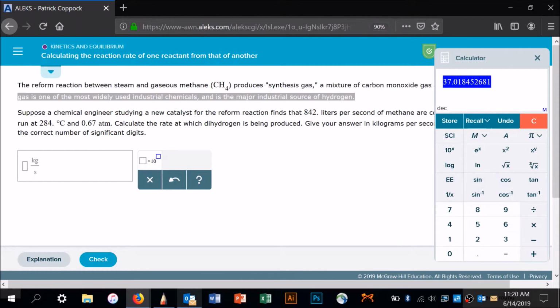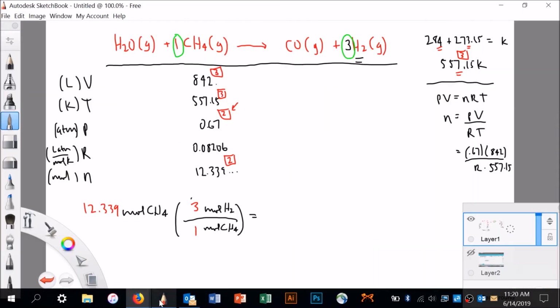Okay. Come back over here. No, I don't want green. Go back to red. 37 moles of dihydrogen gas, right? Okay. 37 point something, right?